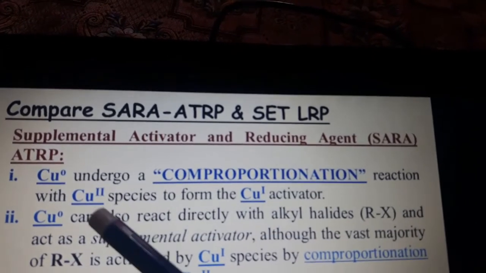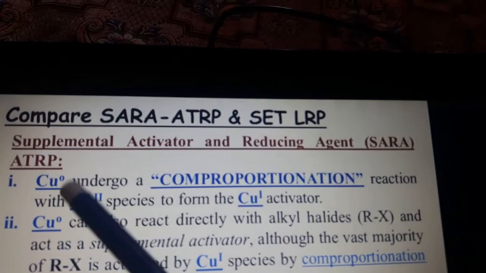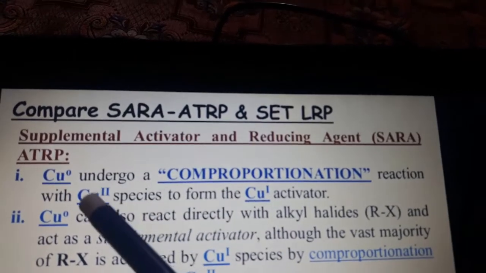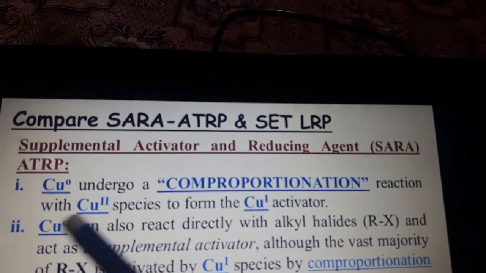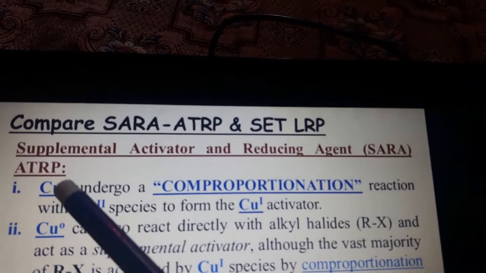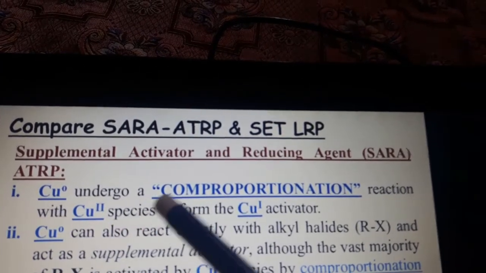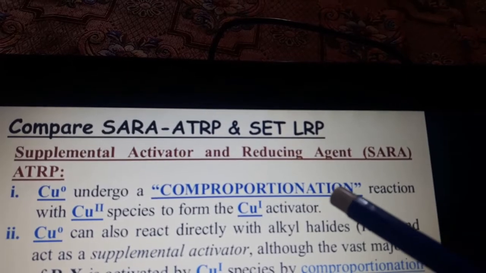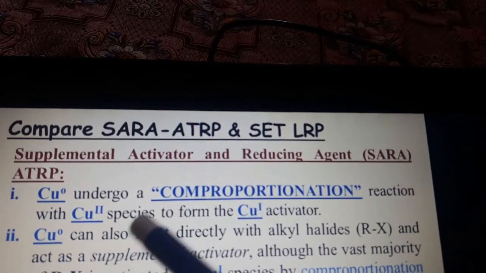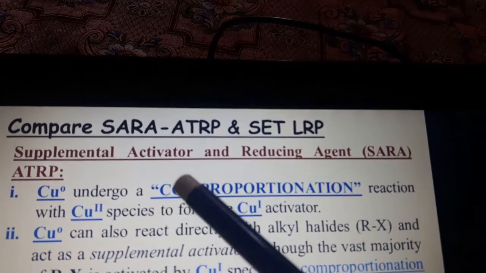So in the first case, that is SARA ATRP, the metal wire is used, or copper in the zero oxidation state, undergoing a comproportionation reaction with the Cu(II). I would like to tell you, you can look by yourself also.